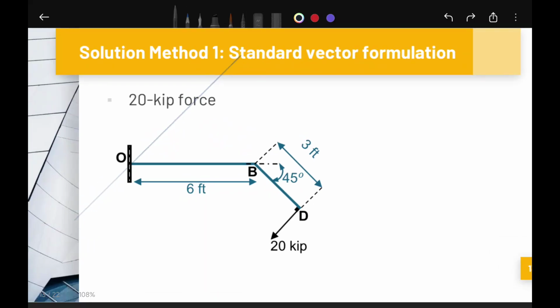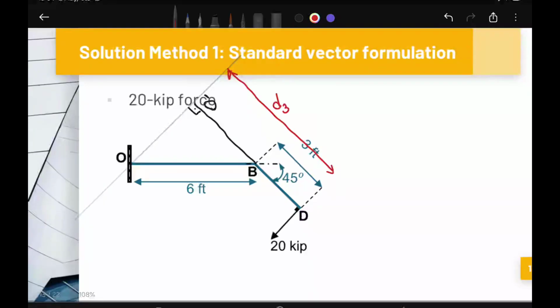Then draw a perpendicular line from B to our reference line. This is 90 degrees. I assign this point as D prime, and this distance is our moment arm d3.